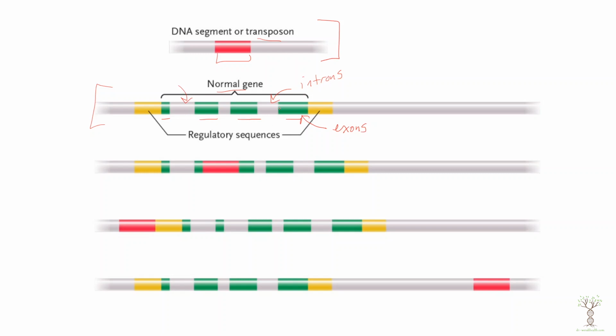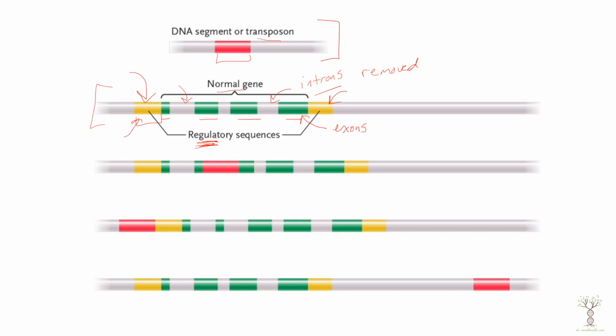So when we transcribe this gene to make a messenger RNA molecule, the introns will be removed. The yellow regions are showing regulatory regions. These are not transcribed. They're important for telling the polymerase protein where to bind to start transcribing a gene. And then at the end, it tells it when to stop transcribing that gene. So these are regulatory sequences.